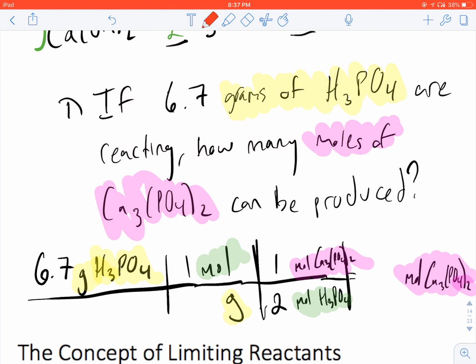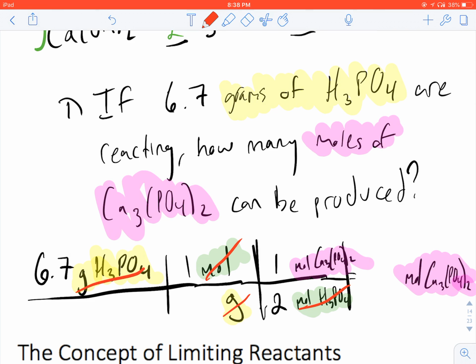Just using the units, without the mass value, I would see that the units of grams cancel out, units of moles of phosphoric acid cancel out, and we would be left with units of moles of calcium phosphate.